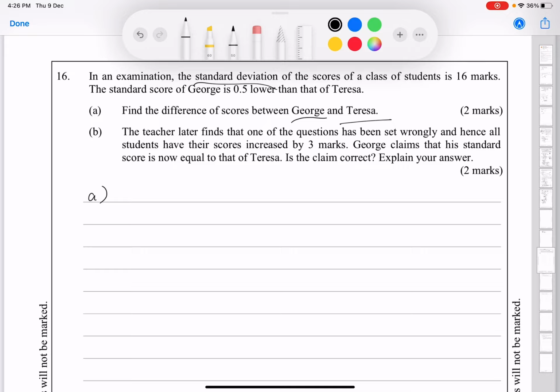So, the question has already given us some information, which is the standard deviation is 16 marks, and the standard score of George is 0.5 lower than Teresa.